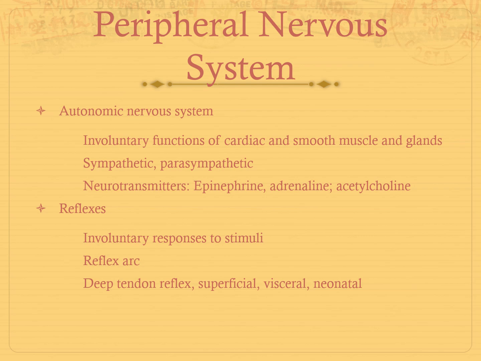Then the autonomic nervous system communicates using chemical messengers called neurotransmitters. The two major neurotransmitters you'll encounter are epinephrine and norepinephrine. These primarily activate the sympathetic nervous system, so increasing heart rate, blood pressure, cardiac contractility, respiratory rate, blood glucose.